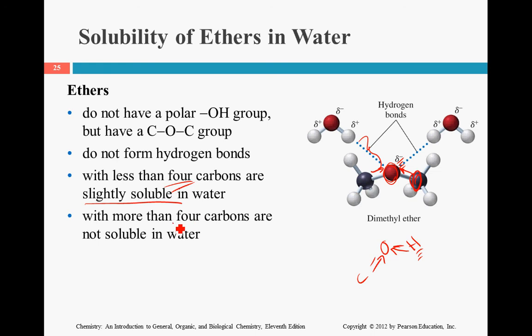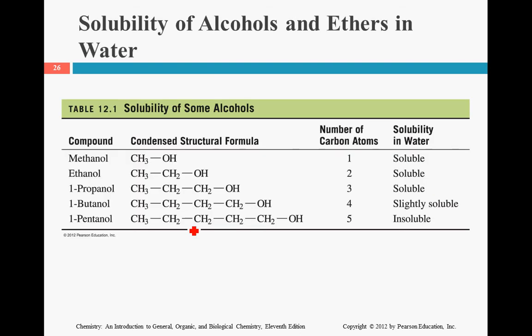And once again, 4 is going to be the cutoff. More than 4 and it's not going to be soluble at all. 4 and under will be slightly soluble. So if we look at these, 1 through 3, notice 4 being the cutoff, is soluble. And these are all alcohols. These are not ethers. At 4, it'll dissolve a little bit, but not all the way. And once you hit 5, it's completely insoluble.